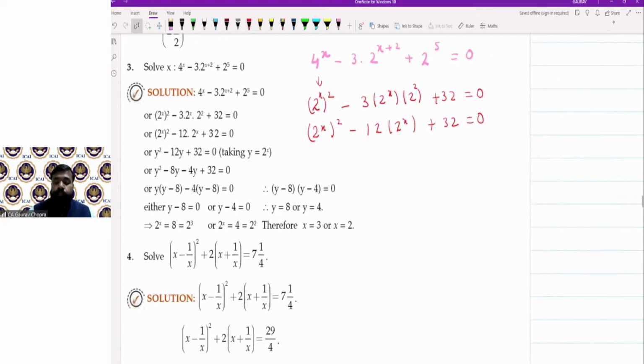Now we can assume 2 to the power of x as any variable y. So let us take 2 to the power of x as y. The equation becomes y square minus 12y plus 32 is equal to 0. This is the equation.